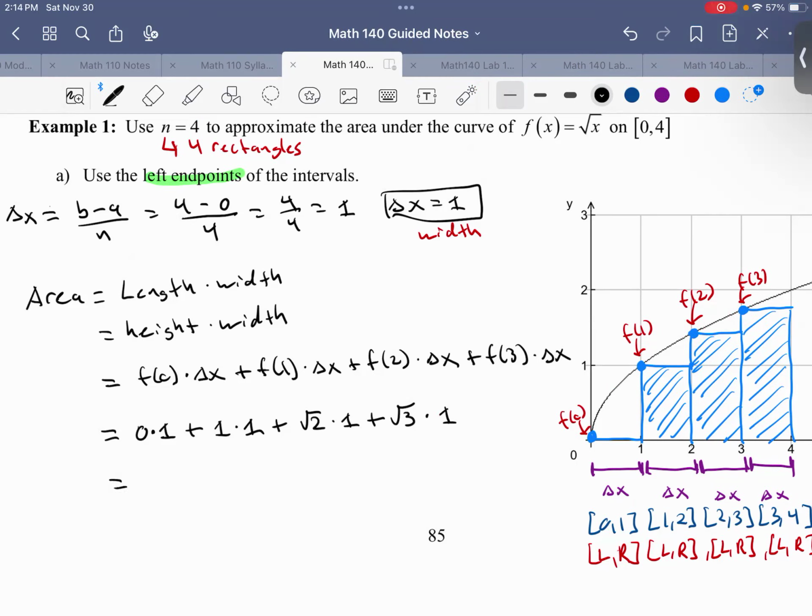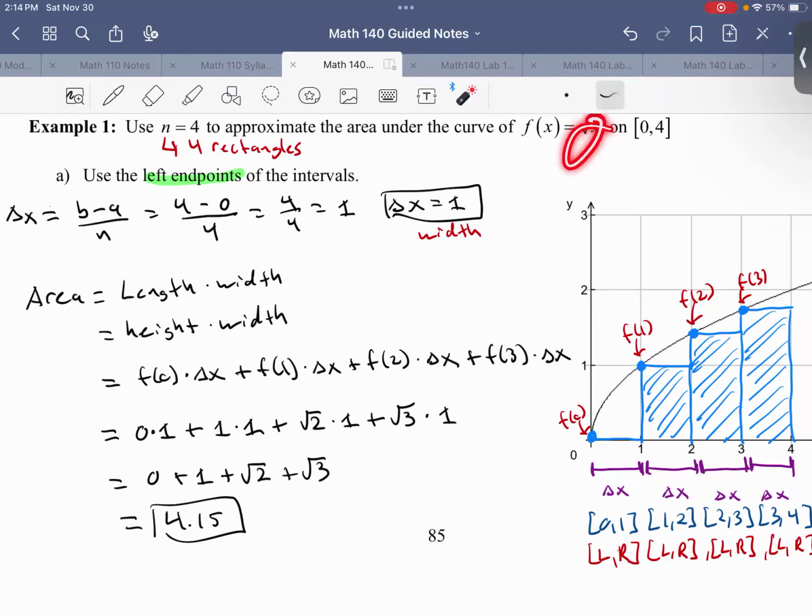So if we simplify this, it becomes 0 plus 1 plus square root of 2 plus square root of 3. And you can just plug this into your calculator. And what you should end up with is 4.15. And that would be the area underneath square root of x using left endpoints and 4 rectangles.